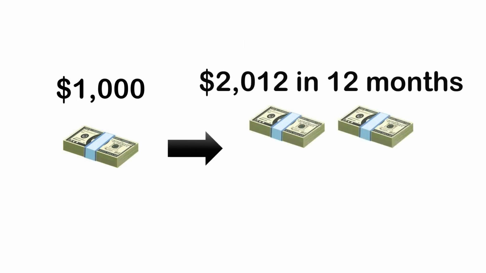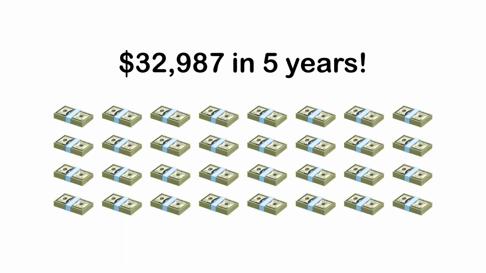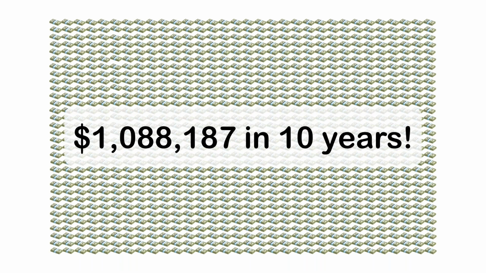That means if you had $1,000, it goes to $2,012 in 12 months, which means it would grow to $4,048 in 2 years. Untouched, in 5 years, it goes to $32,987. And in 10 years, you're a bona fide millionaire with $1,088,187.